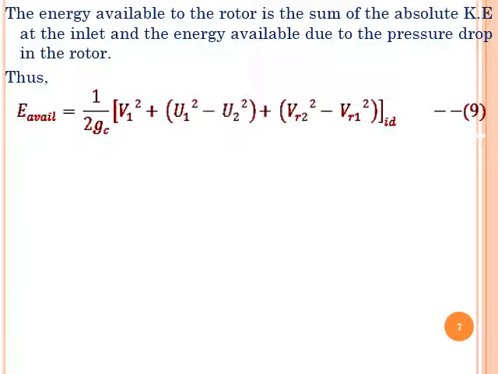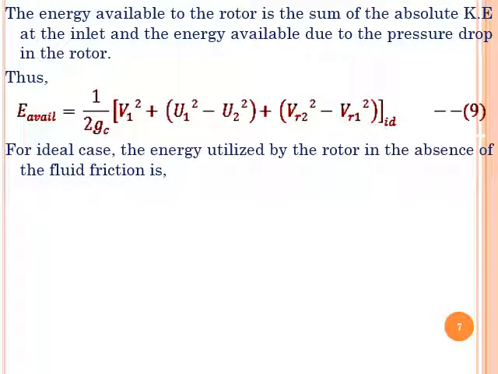The energy available is given by 1 by 2 Gc times (V1 square, the absolute velocity at inlet, plus u1 square minus u2 square plus vr2 square minus vr1 square). That is the ideal energy available.